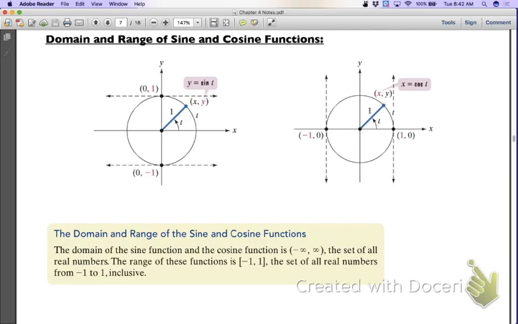The range of these functions is from -1 to +1, and the set of all real numbers from -1 to +1 are inclusive. Because it's a unit circle, it's going to be anything from -1 to +1, because no matter what, your center is at 0.